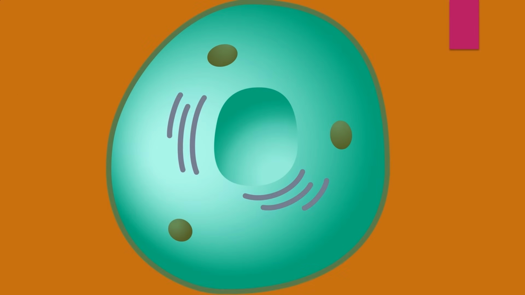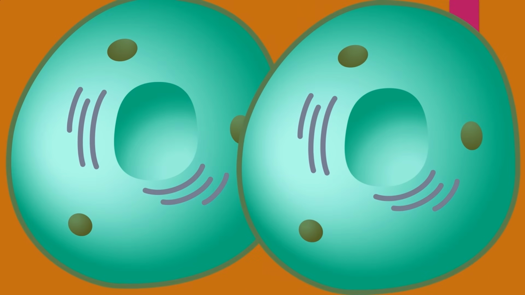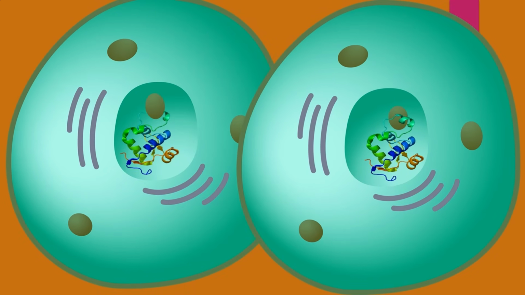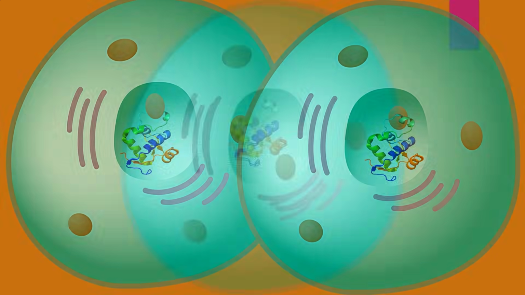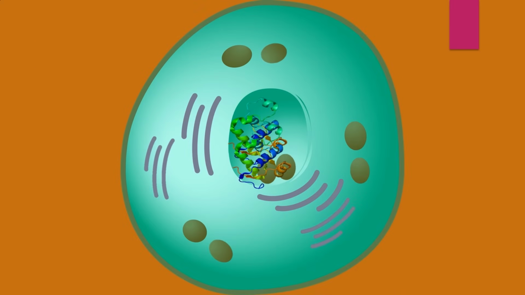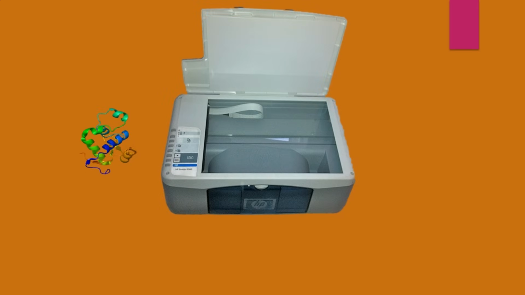If a cell wants to divide and form another cell, it should distribute its DNA material to the new cell, so before undergoing cell division, the cell has to duplicate all of its components, including the DNA. Imagine the scanning process of a page in a printer.